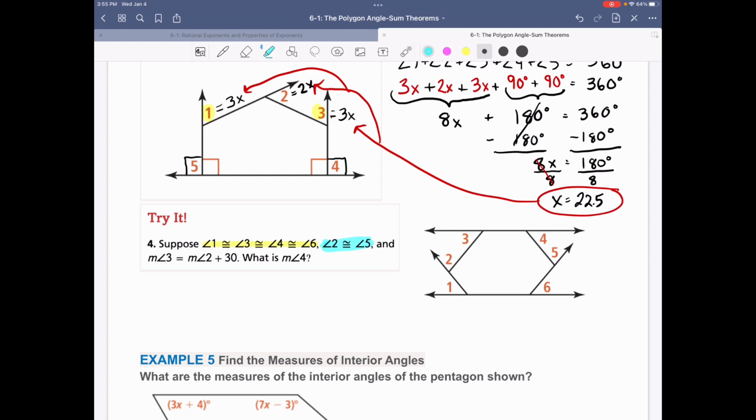Let's use what we know about exterior angles. All of these angles, these 6 angles on this hexagon, are exterior angles. So that means that when we add them all, it will equal 360 degrees.